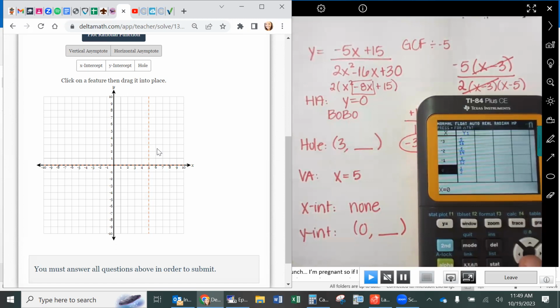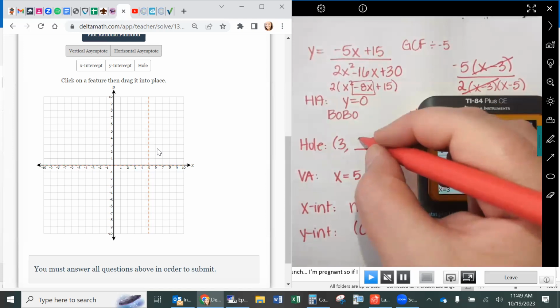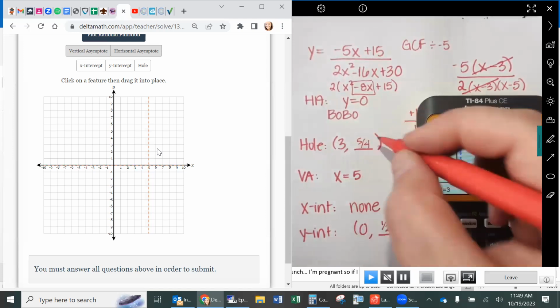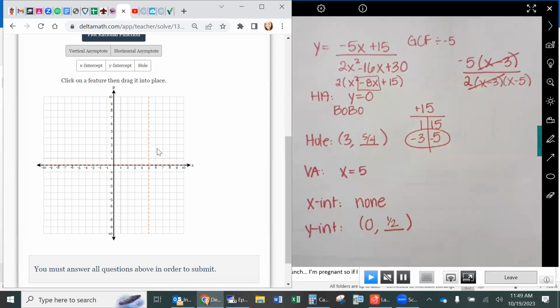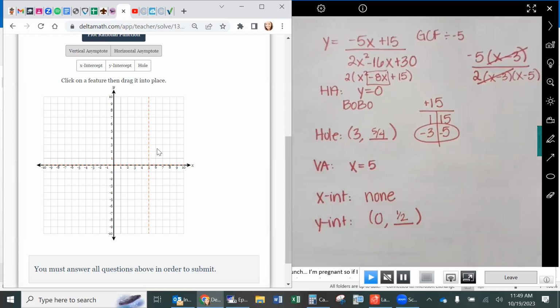So for 0, I got a half. And then for 3, what did we get? 5/4? Okay. All right, so now let's sketch those onto our sheet or onto our practice. So can you graph 0, comma a half? Yeah.